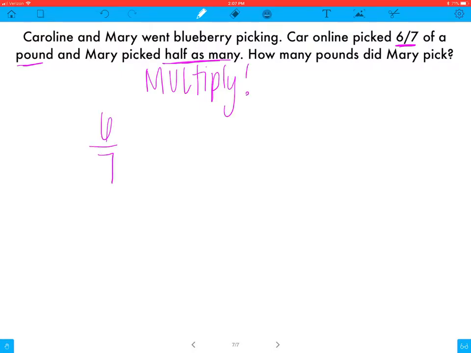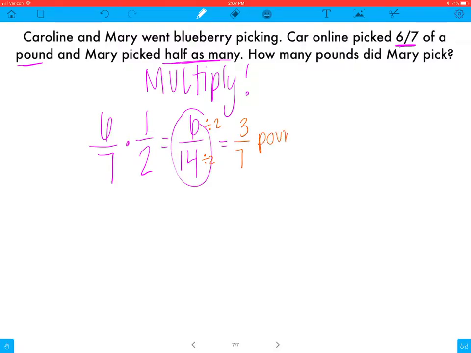So I'm going to do 6/7, and I'm going to multiply by that half as many, multiply by 1/2. My numerator is 6, my denominator is 14. I can actually simplify this. I know each number is divisible by 2. So my numerator is 3 and my denominator is 7. 3/7, I can't simplify anymore.